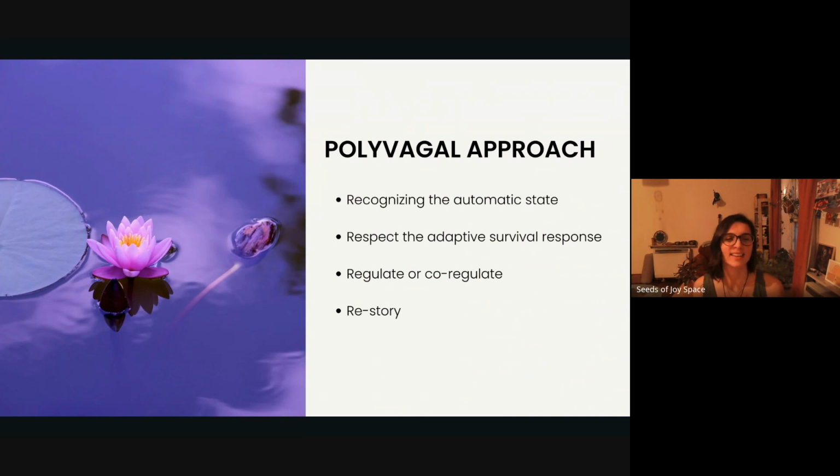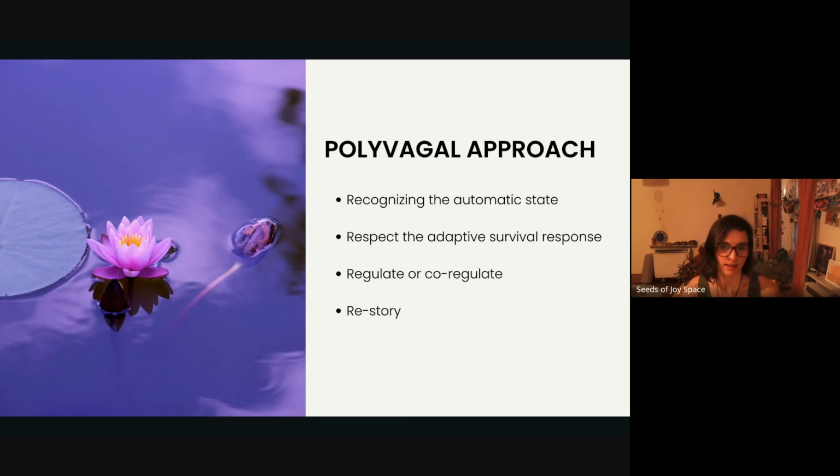And then the next thing is to restore. This is where we can start looking at the patterns that we have, and ask, even though they're functions to protect us, do they still serve us at this moment? Maybe they did in the past, but maybe they no longer serve us.